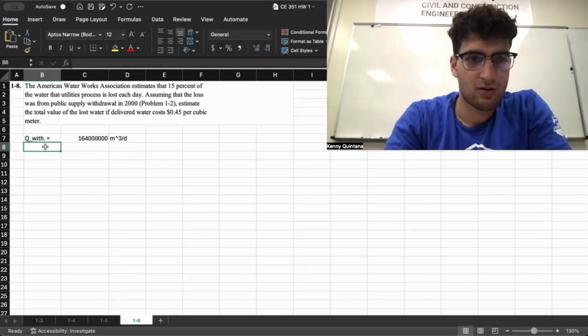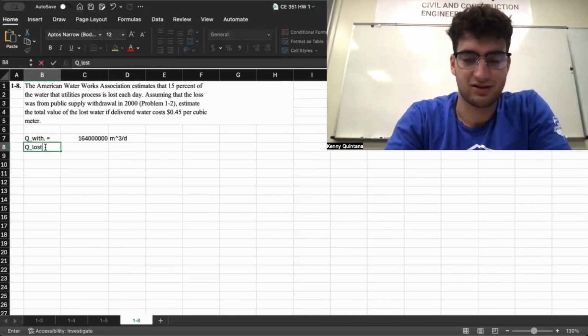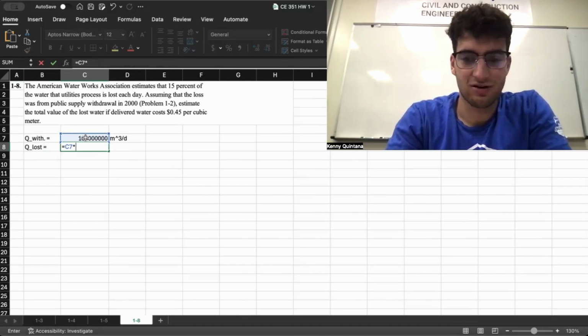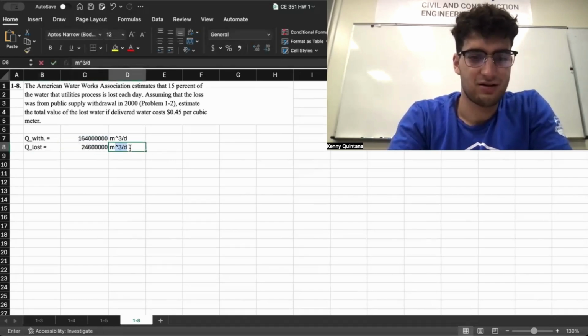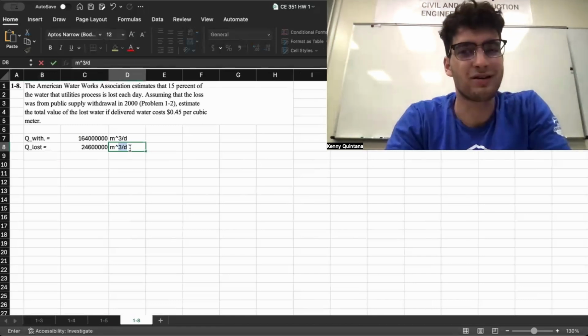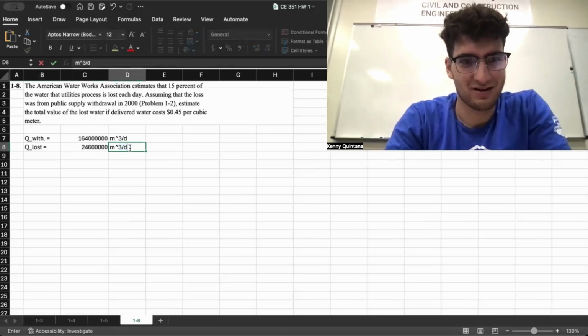So if 15% of that water is lost, let's take the total withdrawn, times 0.15. That gives us around 2 million, right? A lot of zeros now, 24 million cubic meters per day.